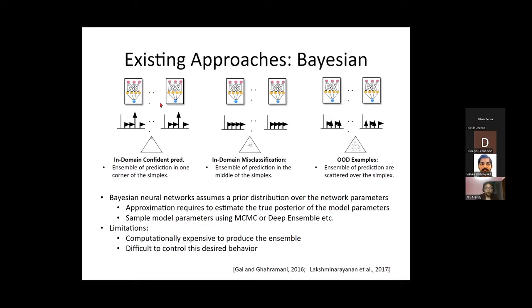If the model knows that the input is coming from some in-domain distribution, then all of these neural networks are going to produce a similar kind of probability score. So we are going to get a cluster of probability scores in this simplex. A simplex means a probability space, and each point inside represents one probability score.